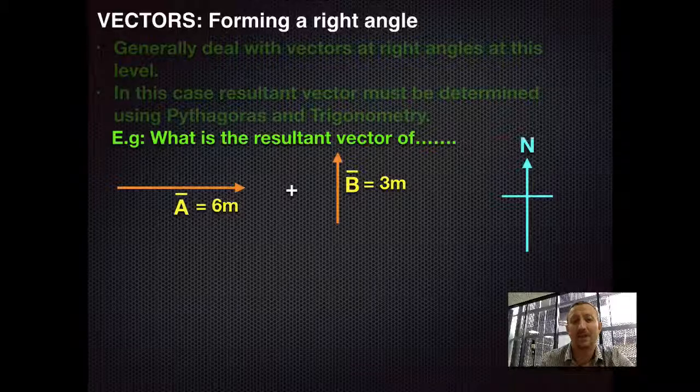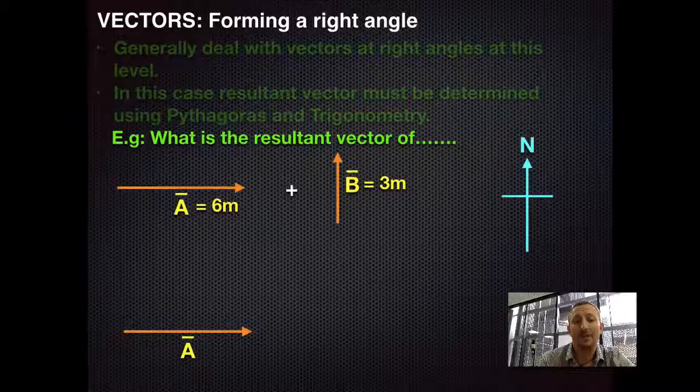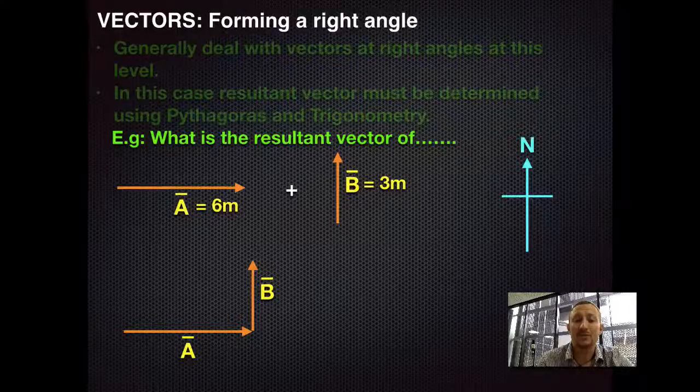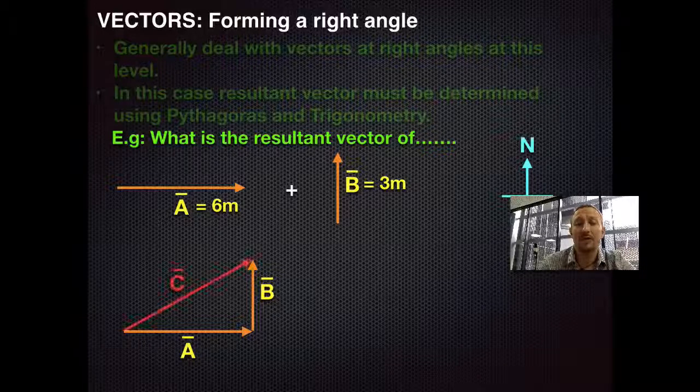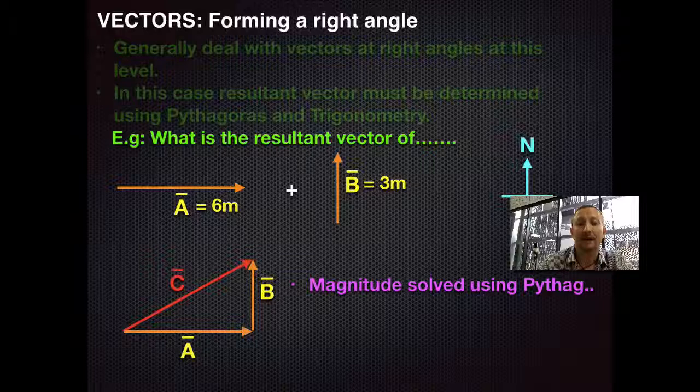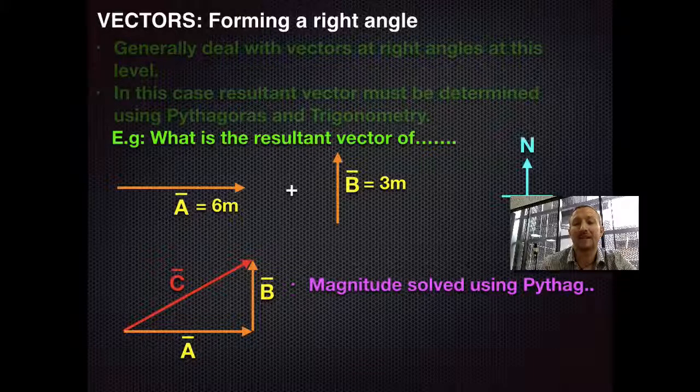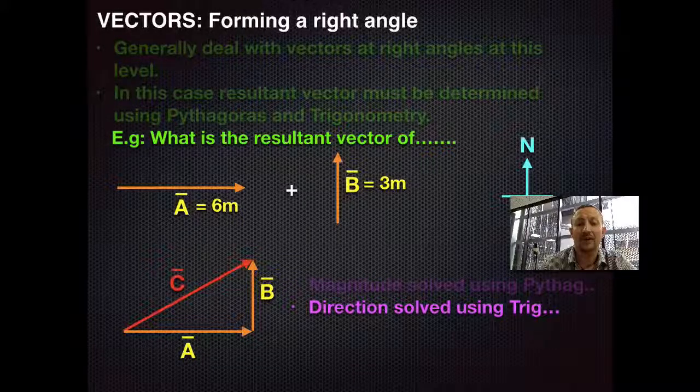So A is going to the east, B is going to the north. Then I combine them together using a top and tail method, just like we did earlier. Vector A goes to the right, and then vector B goes straight up to the north. The result of that is I'll get vector C. Now, I can work out the magnitude of vector C using Pythagoras, and I can use the direction using trigonometry.